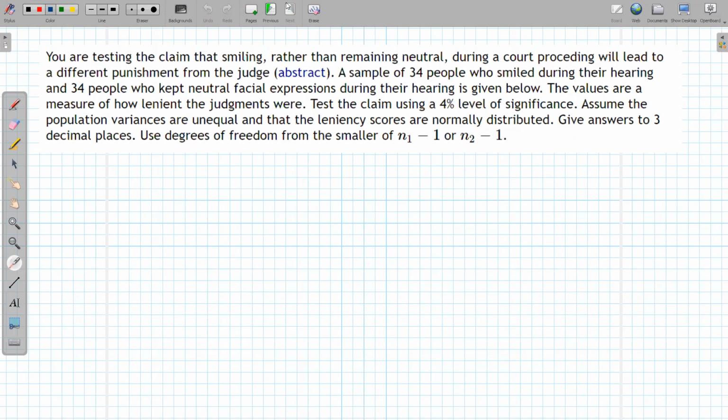Okay, it doesn't say more lenient punishment, it just says different. So it looks like not equal. This is a two-tailed test. See anything else? Nope. So will lead to a different punishment. So the null says it's the same leniency, same punishment, alternative says different.